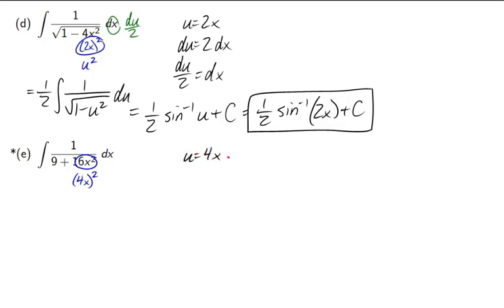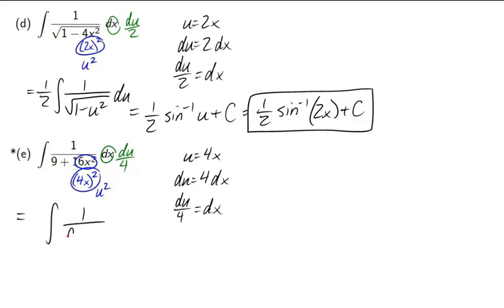U equals 4x, so du equals 4 dx, and so du over 4 equals dx. So here's my du over 4, and easily enough this is u squared. Get the integral of 1 over 9 plus u squared. For the du over 4, put the 1/4 in front.